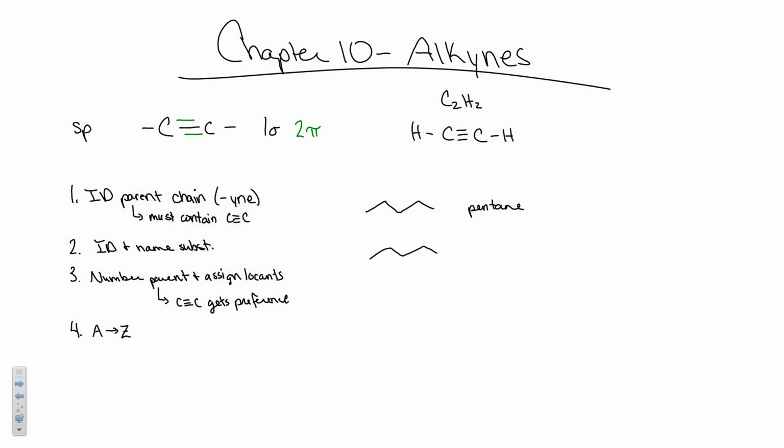5 carbons. Be careful with alkynes and the number of carbons. I find that it's easy to lose a carbon with the alkynes because of the bond angles. So remember, the bond angle between these 4 atoms is linear. It's 180 degrees.